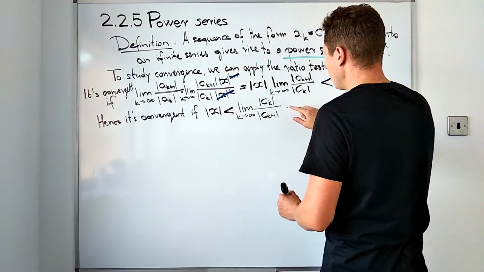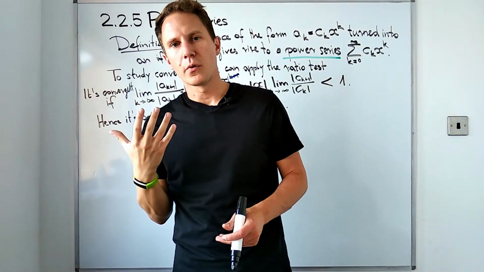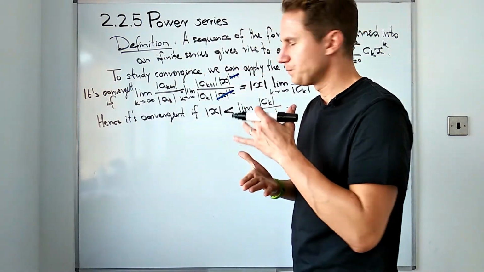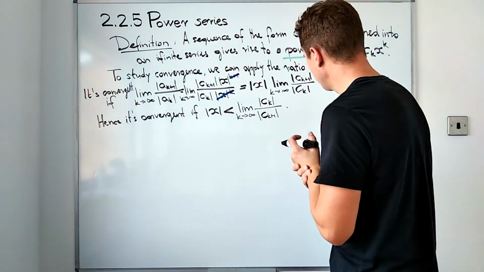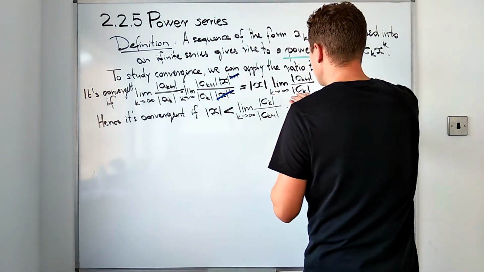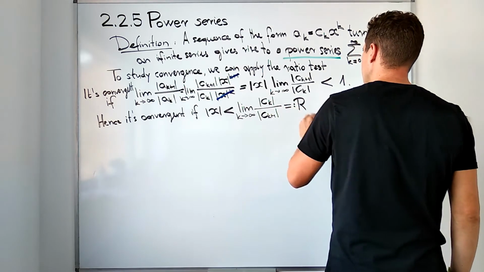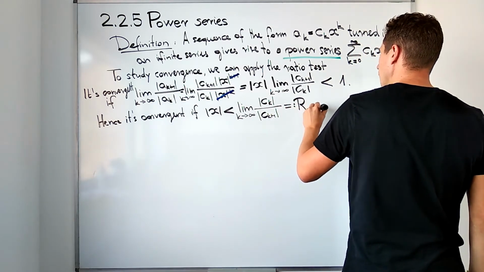Okay, so we have a special name for this limit of ratios of coefficients. This limit is denoted by R, and it is called the radius of convergence.